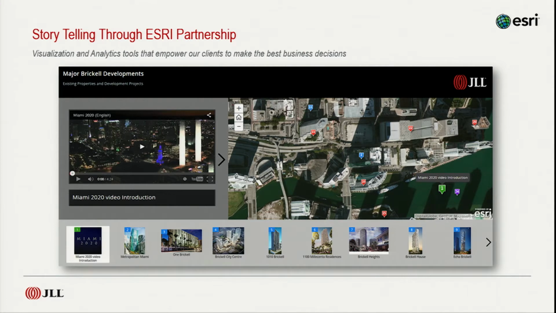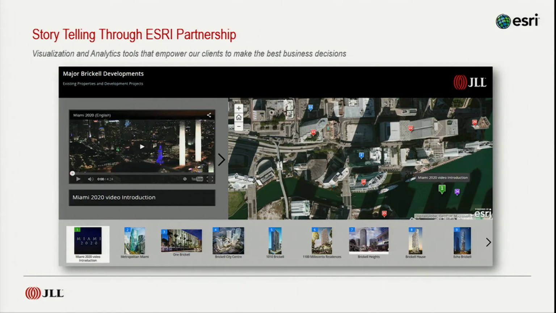And I can't emphasize enough how story maps within AGOL have really changed the way that our brokers and our clients are able to view our properties. It's an efficiency moment as well, because our clients are able to view information that traditionally a broker or someone within our GIS professionals or research have had to spend time with the client on.